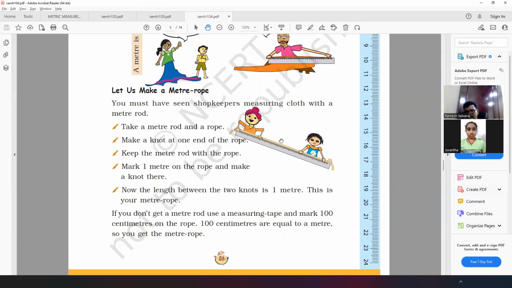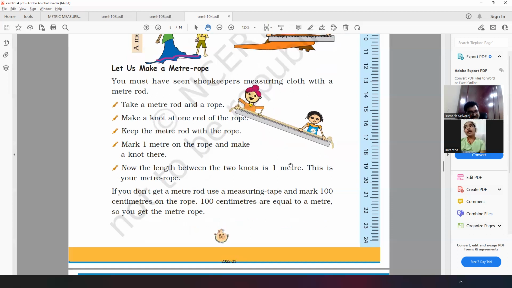You understand, right? You take a 1 meter long scale, take one rope and make one knot at one end and another knot at the other end, 1 meter away. Then this rope is 1 meter rope. You get me? Can you tell me what did you understand?